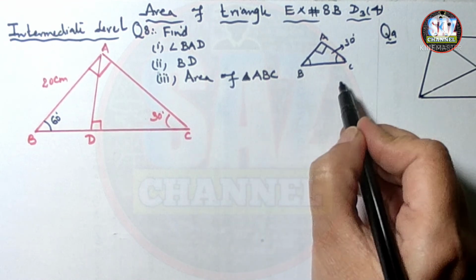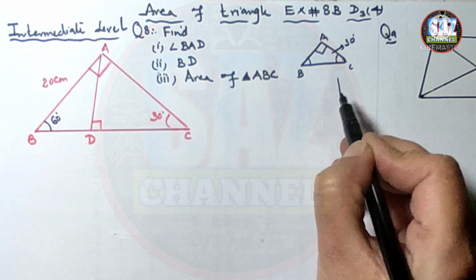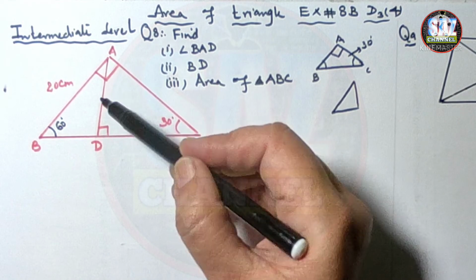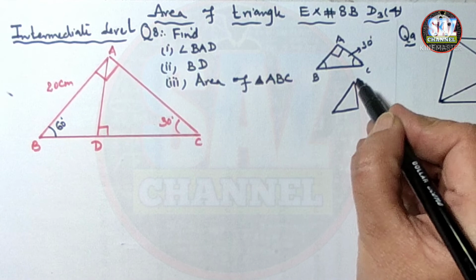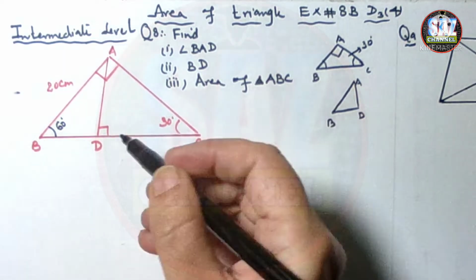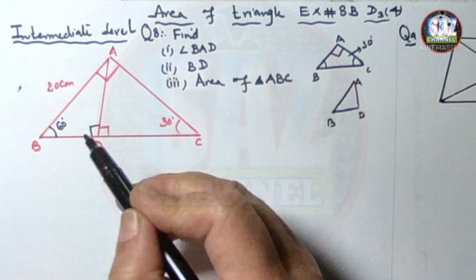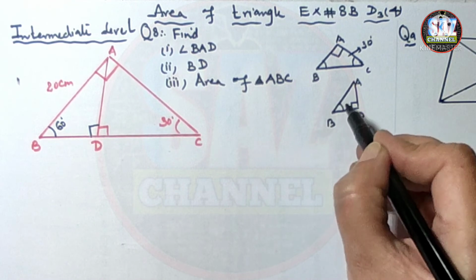Now if we look at triangle ABD, although by chance AD is not drawn straight, if we look at the original diagram, this AD is straight, A and D, and this is B. Over here this angle D is of measure 90 degrees, and this angle is 60 degrees.